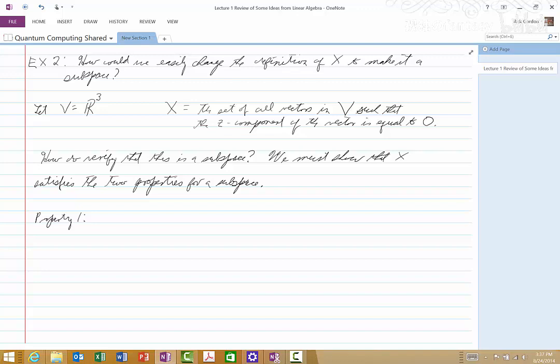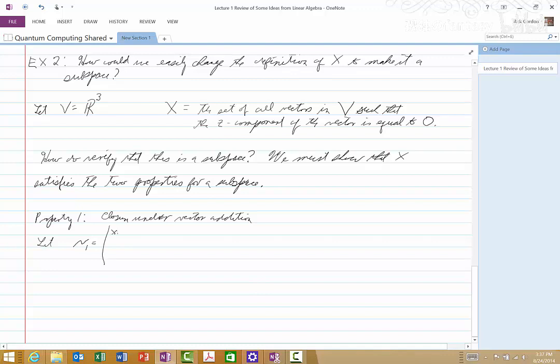Okay? Now remember, property 1 is the property of closure under vector addition. I want to try to prove that this new X, which is the set of all vectors in R3 with z component equal to 0, is closed under vector addition. So the way I will proceed is this. I'll let V1, instead of picking particular numbers now, I want to keep this general.